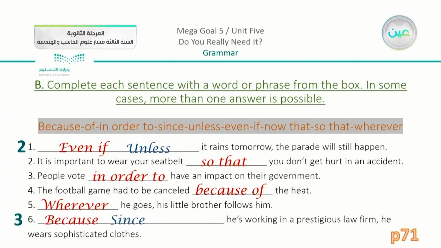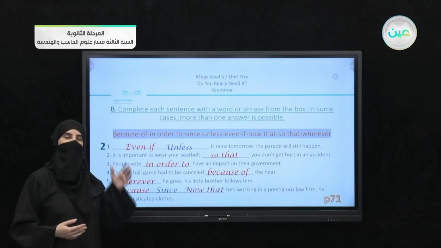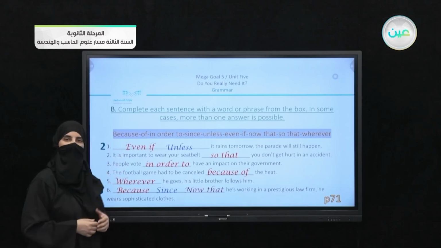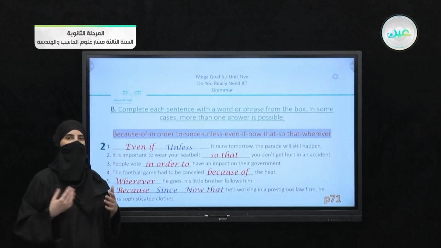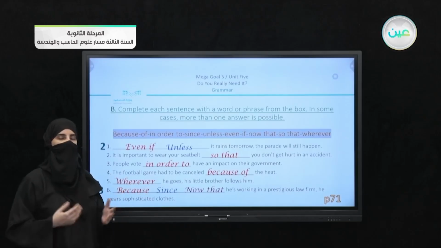Since he's working in a prestigious law firm, there's purpose. And also we can say, now that he's working in a prestigious law firm, he wears sophisticated clothes. So we do have some choices in number one and also in number six. Whichever answer you have chosen from these is going to be the correct answer.